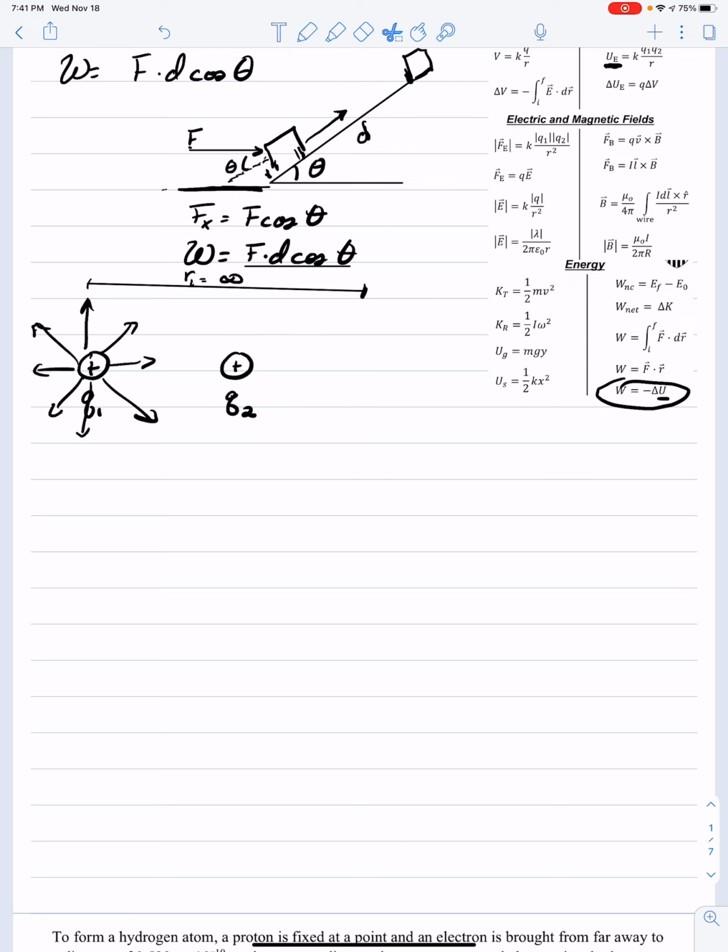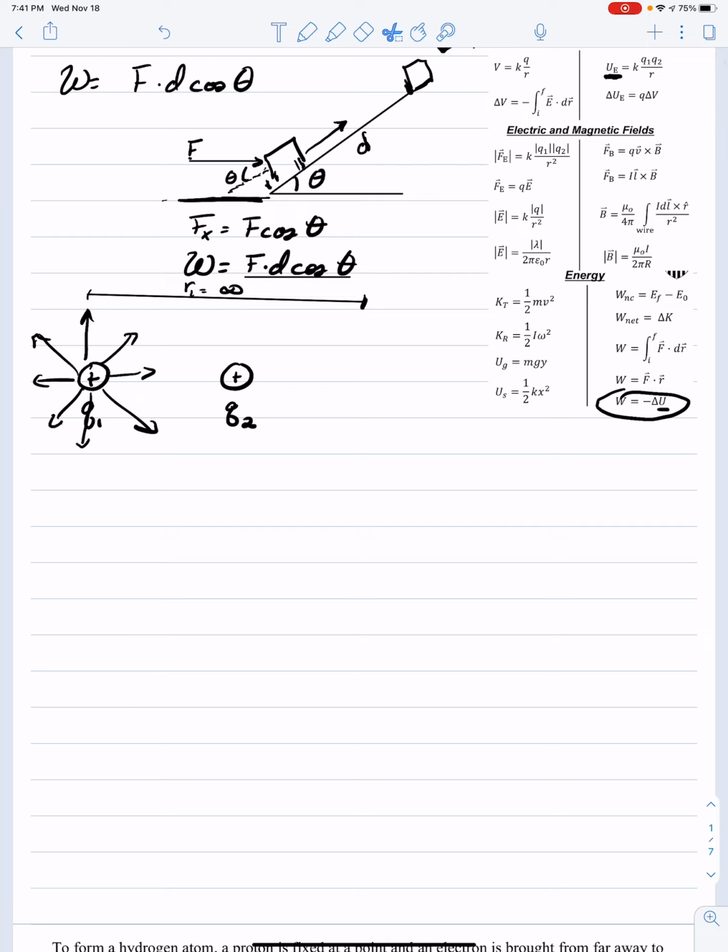So as it's getting closer, remember that two of the same signs are repelling. So as I am putting Q2 closer, it is actually experiencing a repelling force, and that repelling force gets more intense as they get closer. So right now it's really much pushing away.